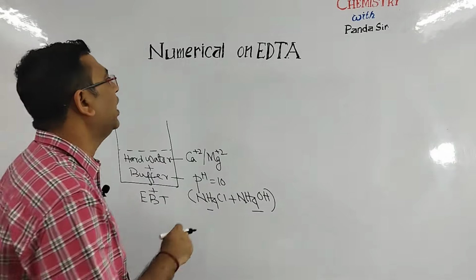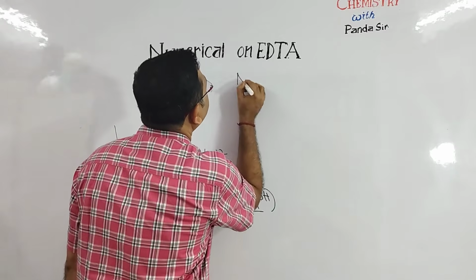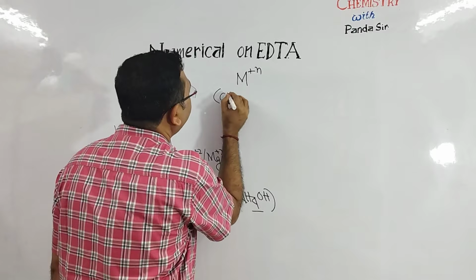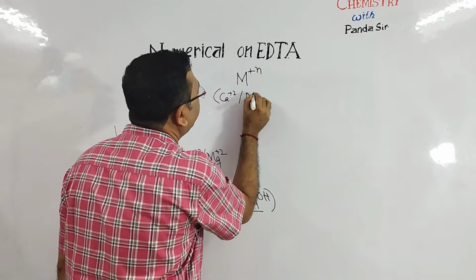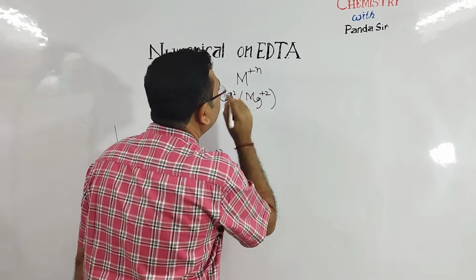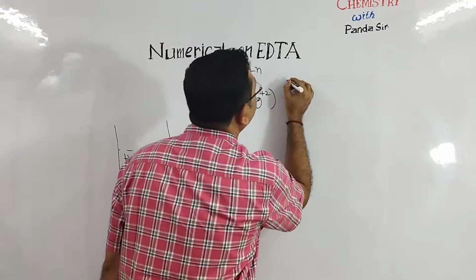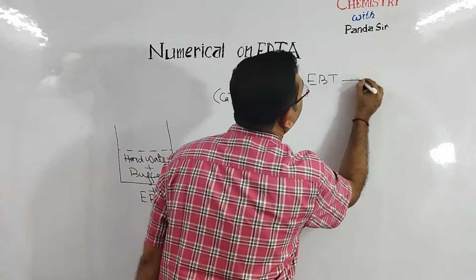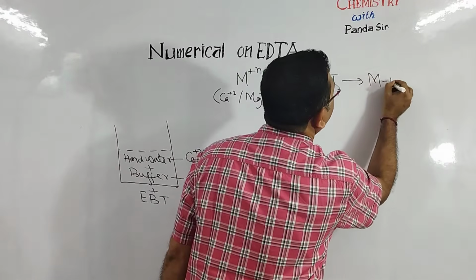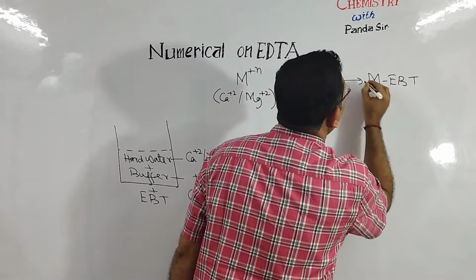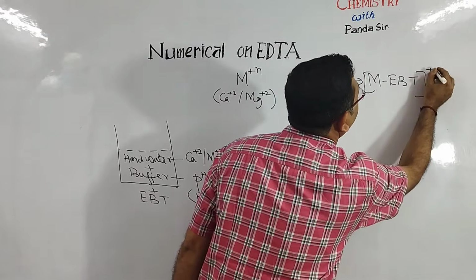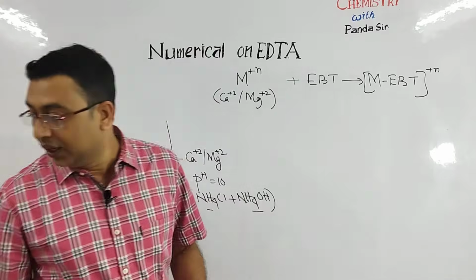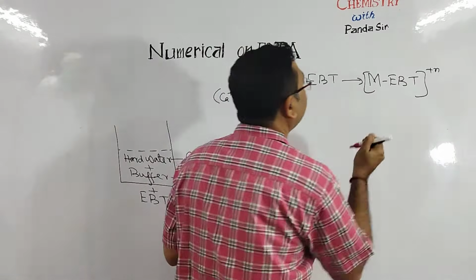So let me write this reaction. Let's say I am taking M^(n+), which may be the calcium or magnesium ion. This metal ion reacts with the EBT and forms the metal-EBT complex, and this metal-EBT complex shows a wine red color.